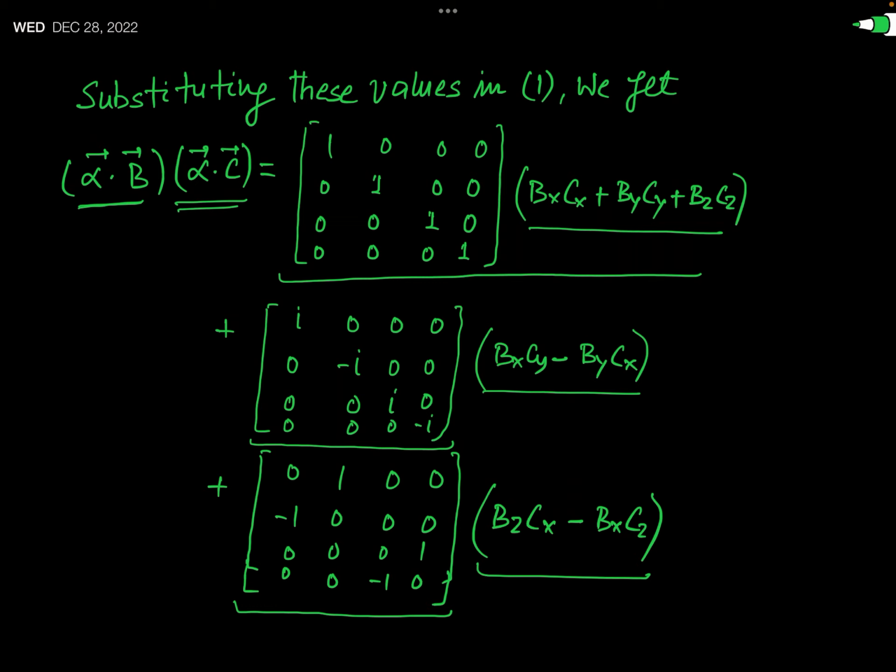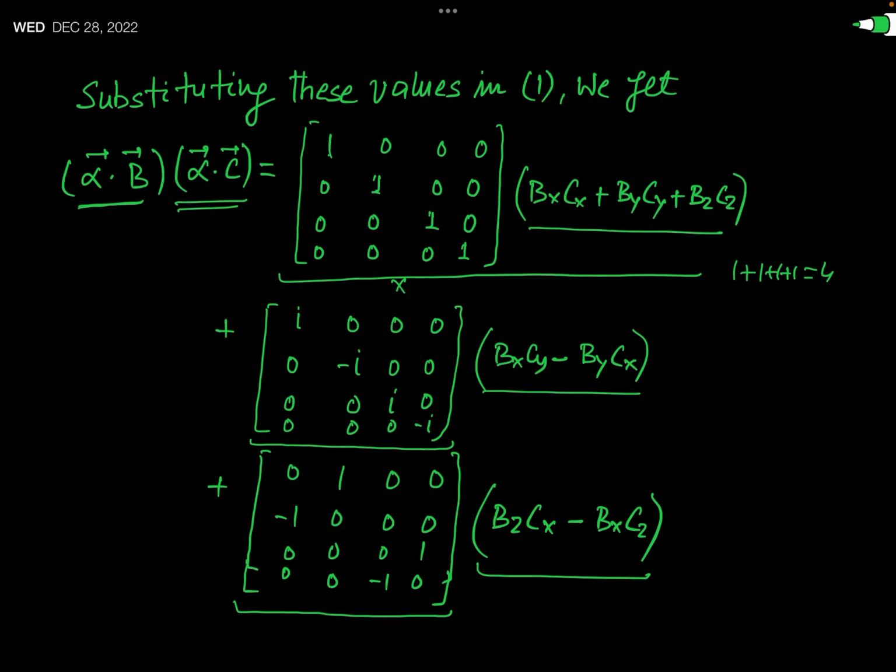The algebraic sum of the diagonal elements of this first matrix, which I am crossing here, is 1 plus 1 plus 1 plus 1, that is 4. So the trace of this first matrix is 4.